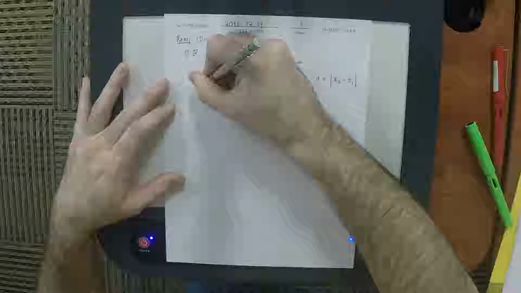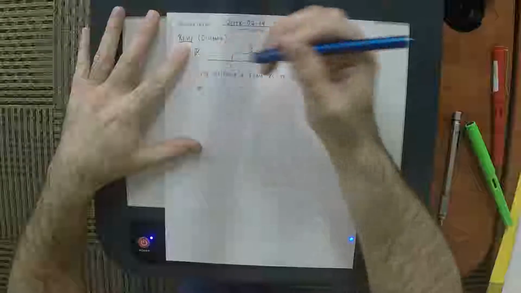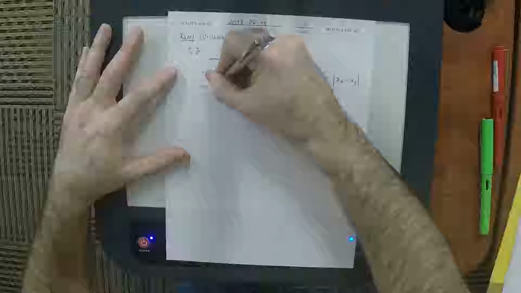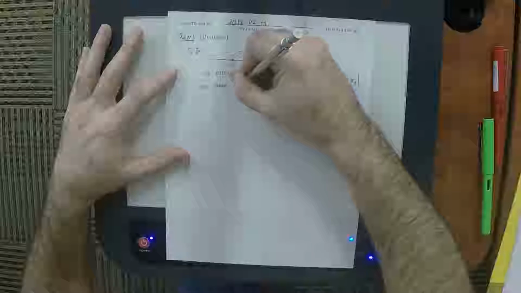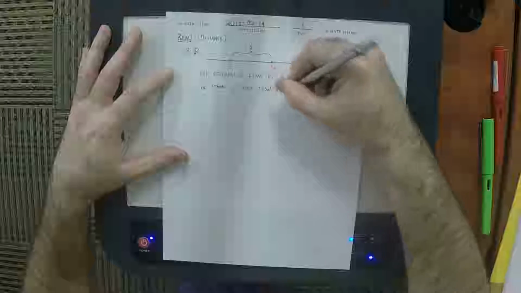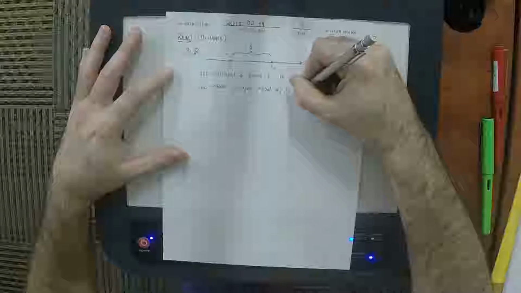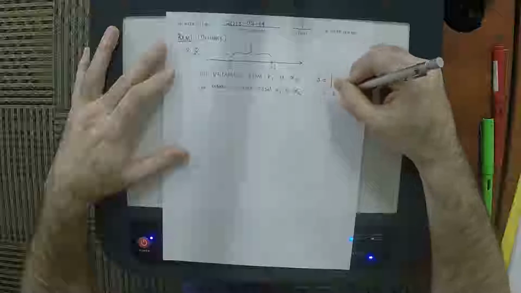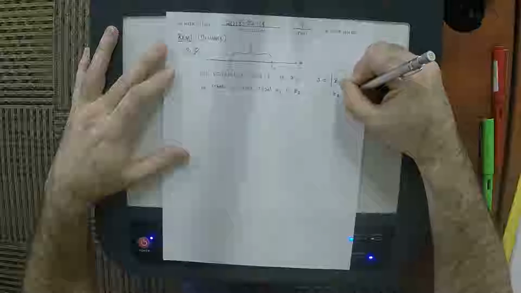The signed distance from x1 to x2 is what was initially offered, x2 minus x1.